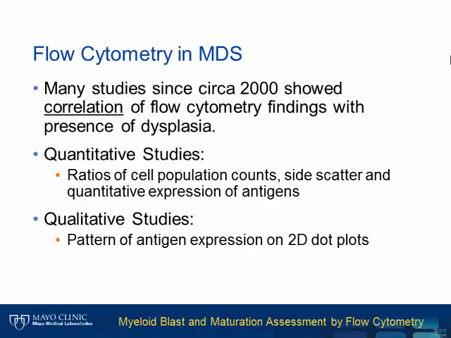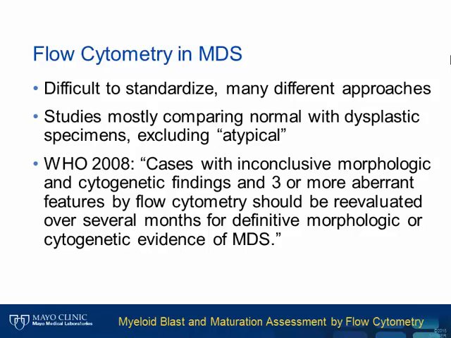While qualitative studies are less sensitive to instrument settings and staining procedures, they require operator training in order to recognize normal and abnormal antigen expression patterns. For all the reasons mentioned, flow cytometry as a diagnostic modality for MDS and other chronic myeloid neoplasms has been difficult to standardize between laboratories.